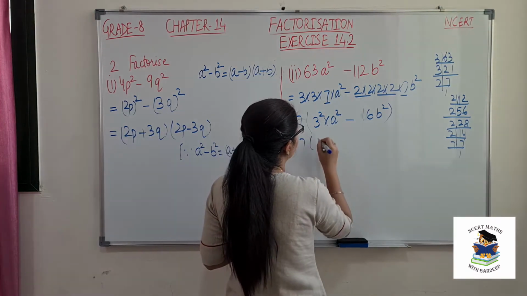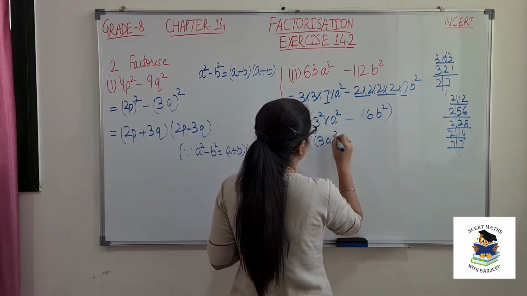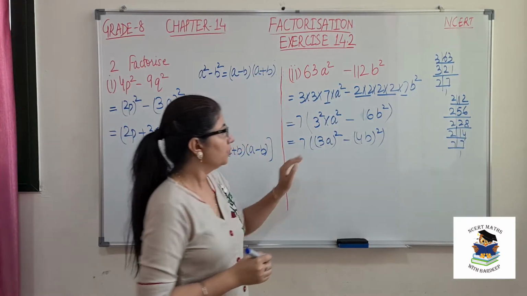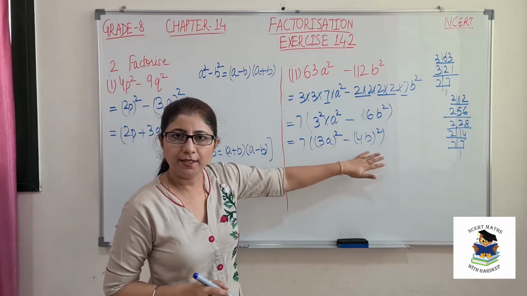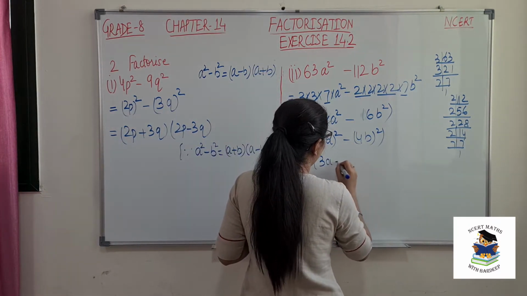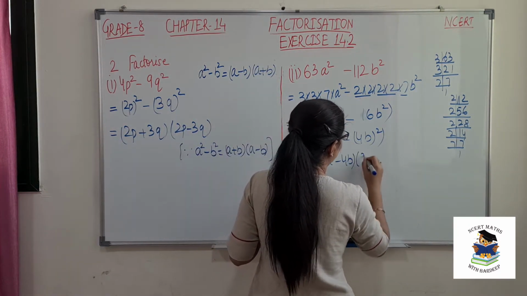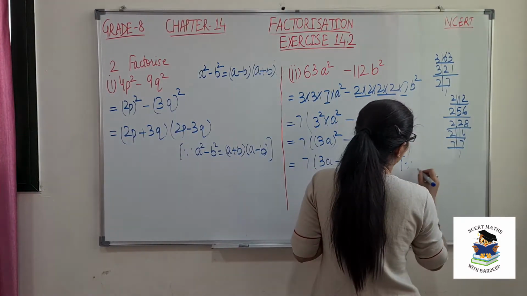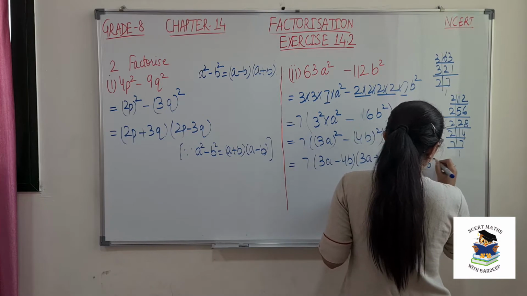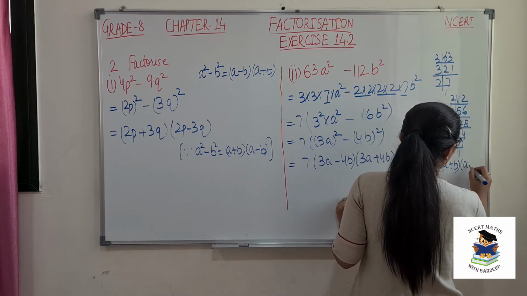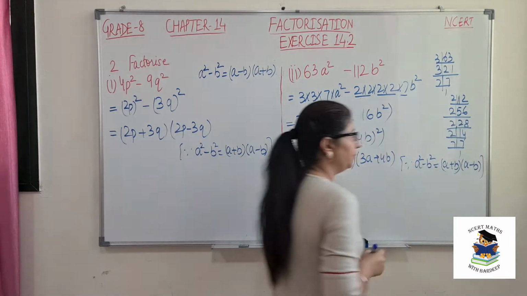So 7 times 3a whole square minus 4b whole square. Now we can use our formula a square minus b square. So this is 3a minus 4b into 3a plus 4b, because a square minus b square is equal to a plus b into a minus b.